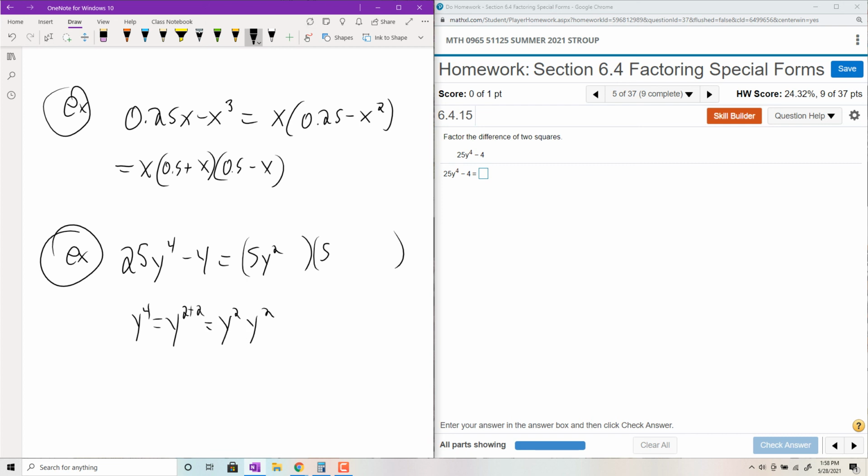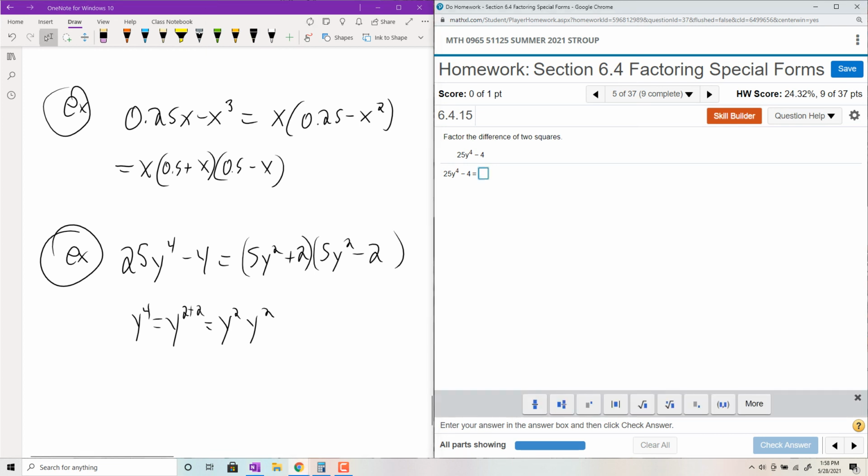So 5y squared, and then plus minus, that would have to be 2 and 2. So again, the difference of squares, you can really tell because there's only 2 terms there. And if there was a plus in between them, you'd kind of be stuck. 5y squared plus 2, 5y squared minus 2, and answer.